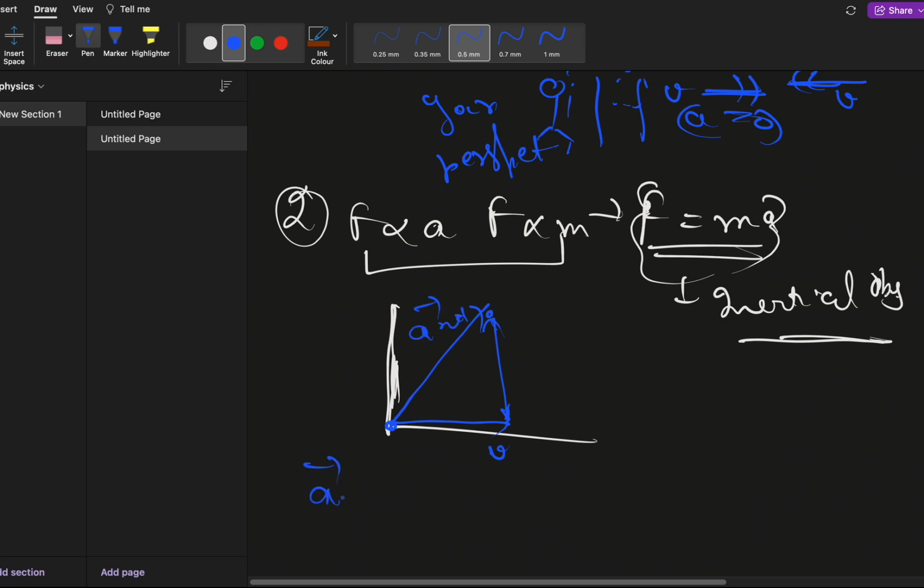This thing will also move with a particular acceleration. So this is a non-inertial observer, and from the non-inertial frame it will be a plus a, so the force should be a net minus a. In this way the forces will be defined.